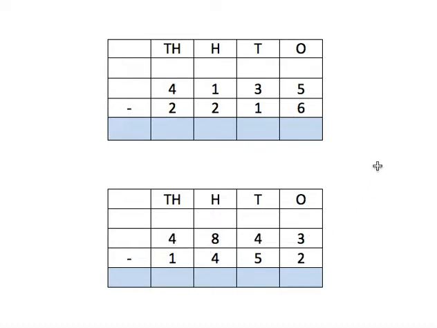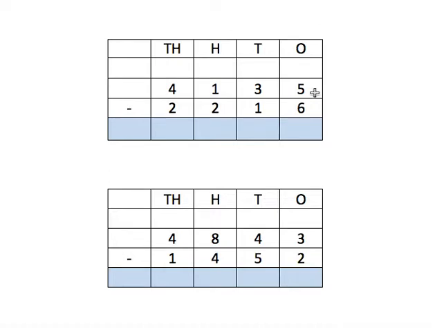Alright, let's start first from the ones place. Now 5 minus 6. If you notice, 5 is a smaller number and 6 is a bigger number. So can we subtract a greater number from a number which is smaller than that? Can I subtract 6 from 5?